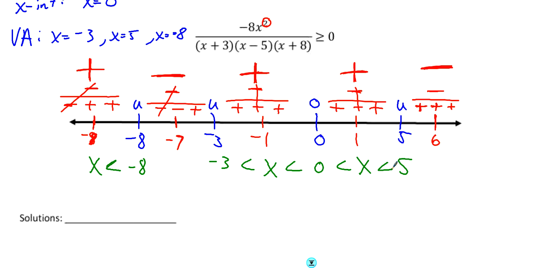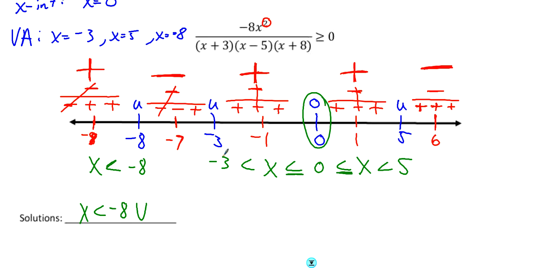Now, I have to also include my zeros. Since my original solutions are where it's greater than or equal to 0, I got to make sure anywhere there's a 0, it's equal to as well. So right here at this 0, I got to make x equal to 0 as well. So these are my solutions. So my solutions are when x is less than -8, as well as, and this is where we can actually condense this part right here.